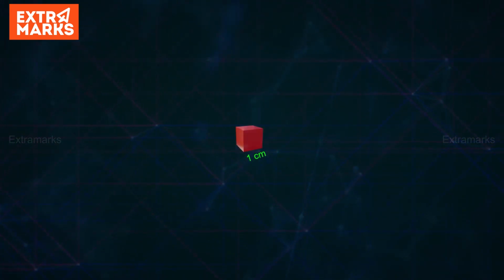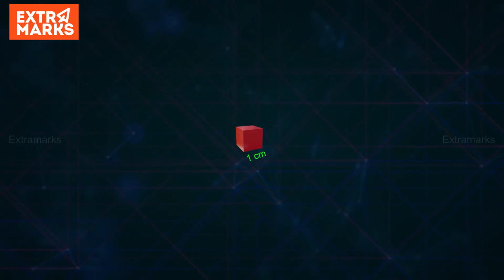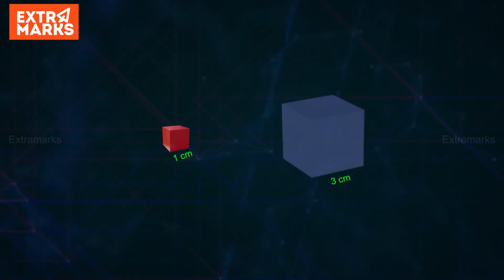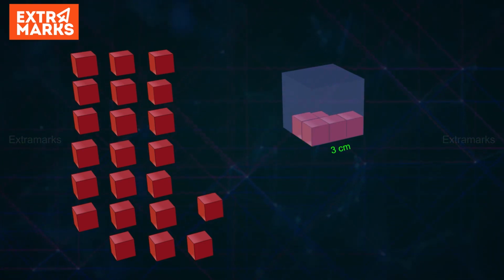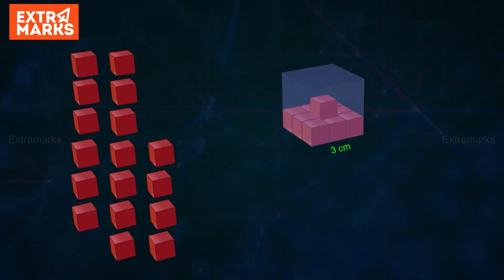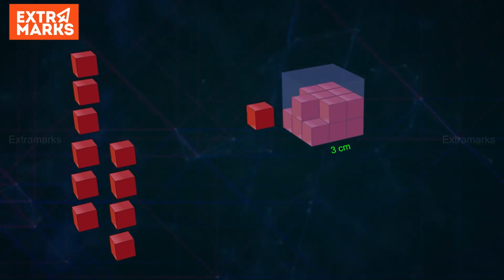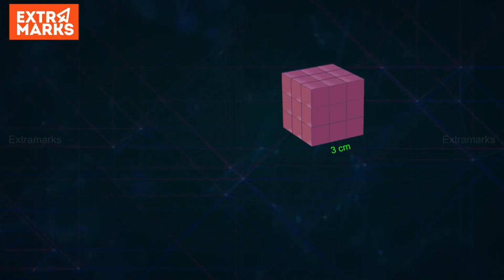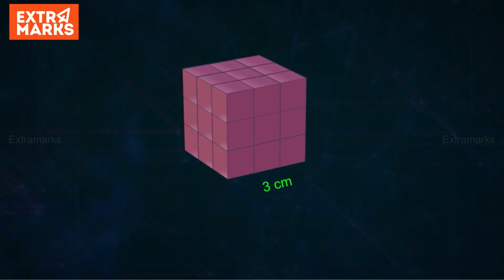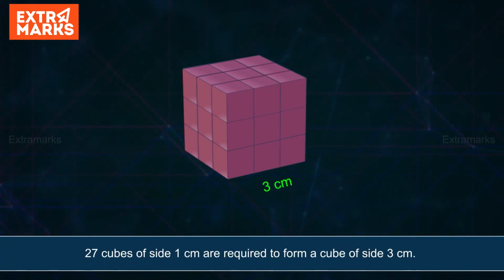Now observe the number of cubes of side 1 cm to form a cube of side 3 cm. We see that 27 cubes of side 1 cm are required to form a cube of side 3 cm.